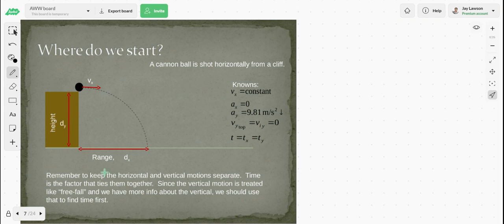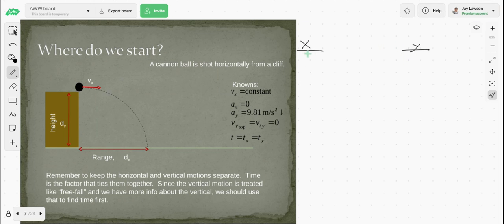Okay. So another note when dealing with these types of problems is remember to keep the horizontal and vertical motions separate. I hope you noticed when I was writing down my givens, I kept these separate. I put over here an X with a line under it and Y with a line under it. That's how I break it down.